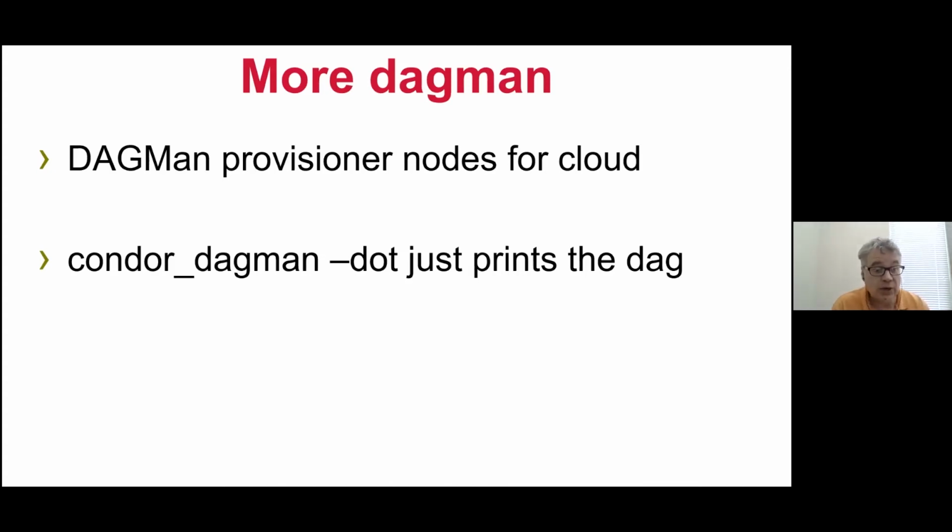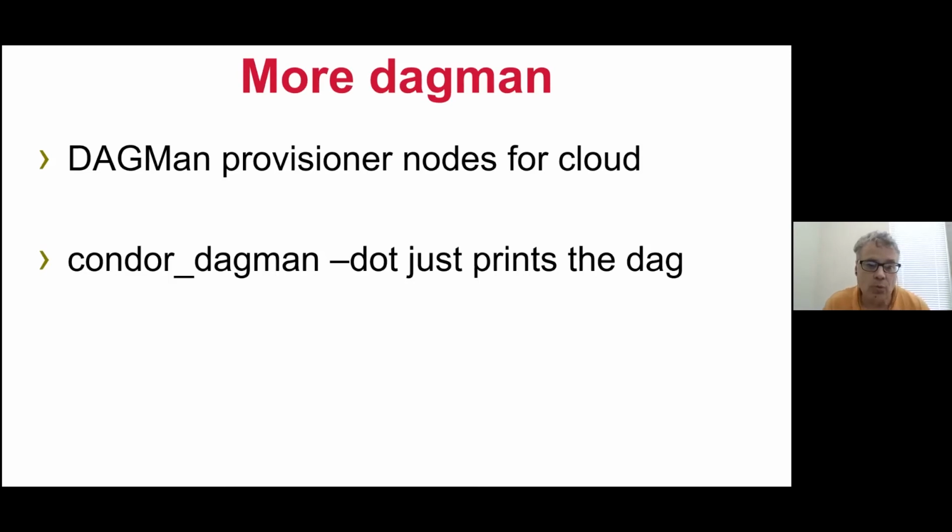Another cool feature, Condor DAGman-dot. We've supported dot, the dot output format in DAGman for a long time, which prints a format which can be easily changed into a graphical representation of the DAG. I think if you've been to Condor Weeks before, you've seen big pictures of DAGs as graphs. These are all generated by dot. But in the past, the only way to generate these dot files was to run the whole DAG, which could be a long and painful exercise.